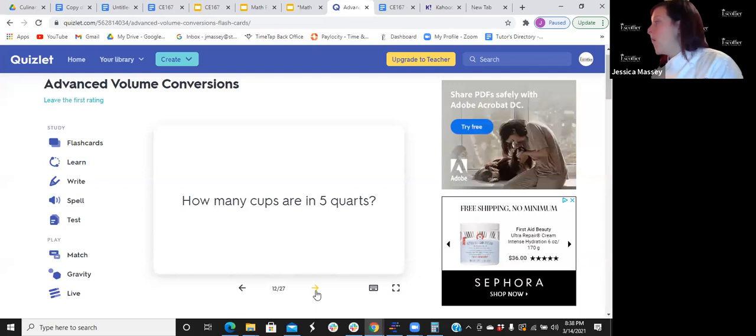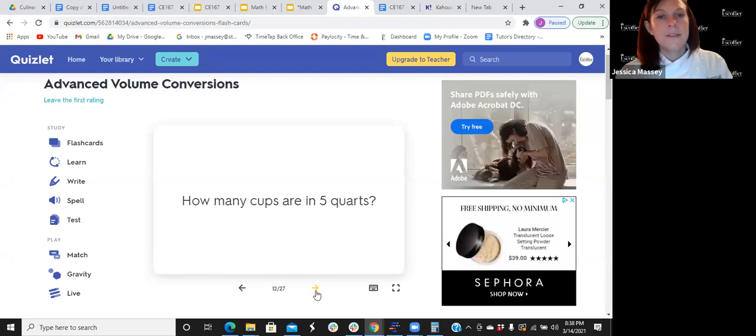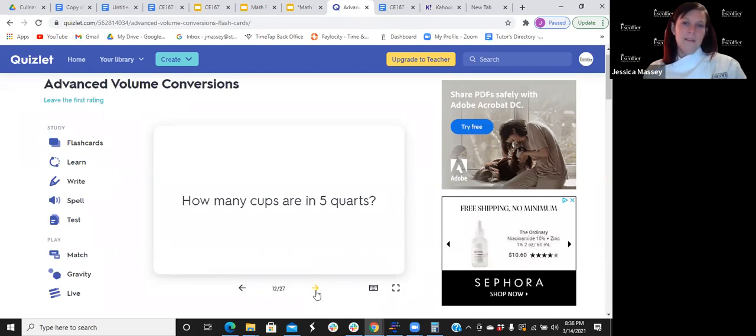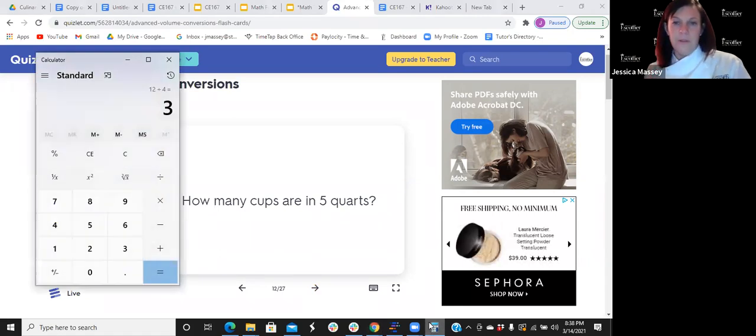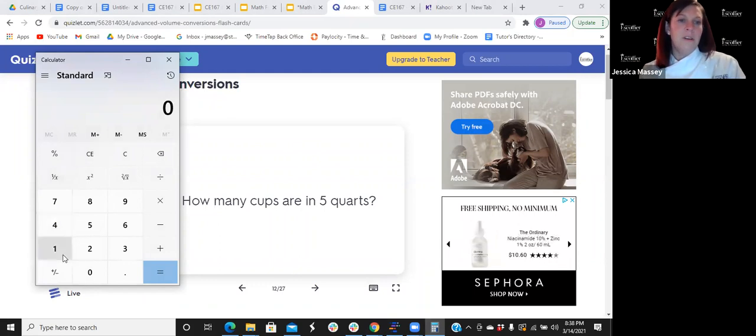So a cup is smaller than a quart, so you would multiply. You would need to know how many cups are in 1 quart. If you don't know that answer, it is 4, but you should have that written down somewhere. You're just going to need it.